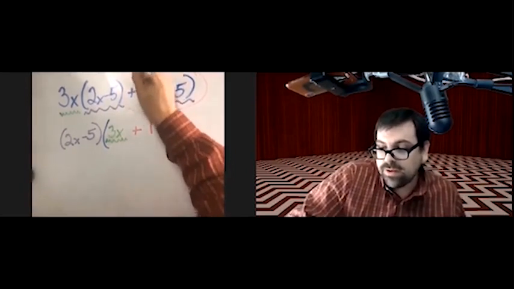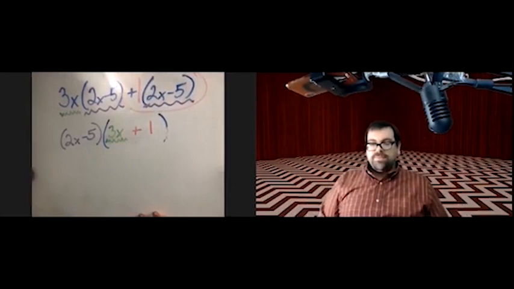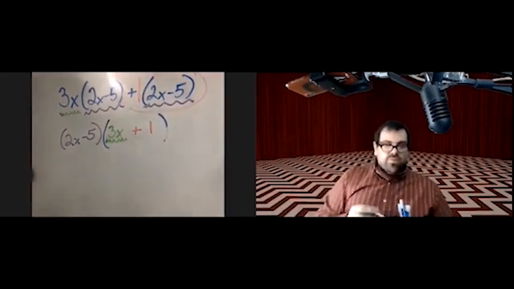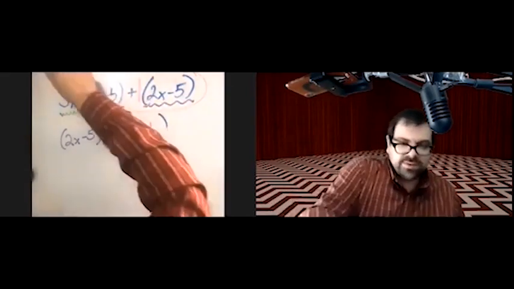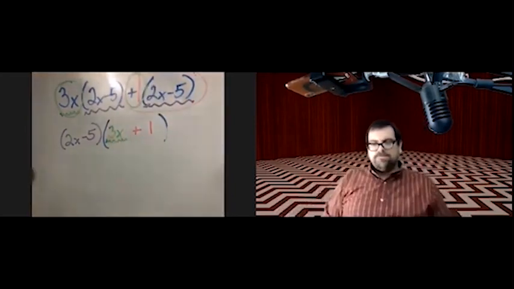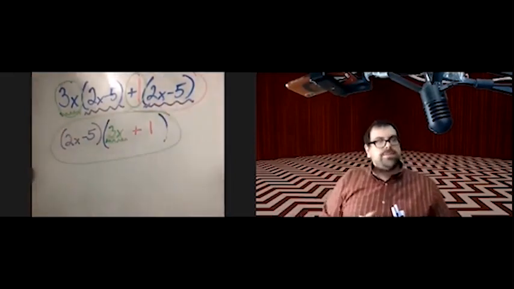Plus 1 of these things in parentheses. If we write in the imaginary 1, then to get this leftover piece, we could just do 3x plus 1. 3x plus 1. And we get that as the answer.